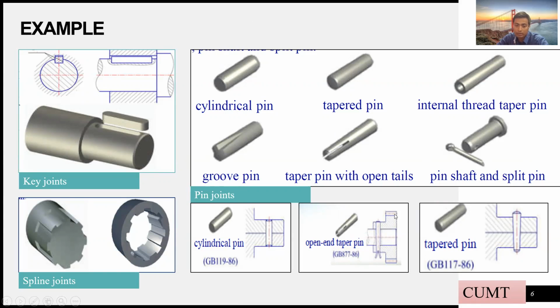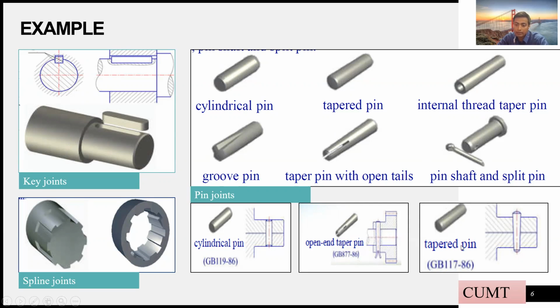Over here we can also see an open pin, which has an open end; as you can see, the ends go far from each other, so it is easy to remove.